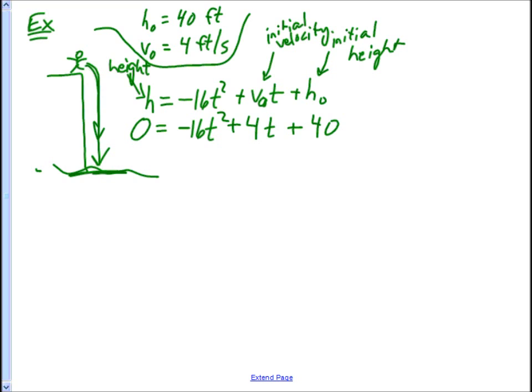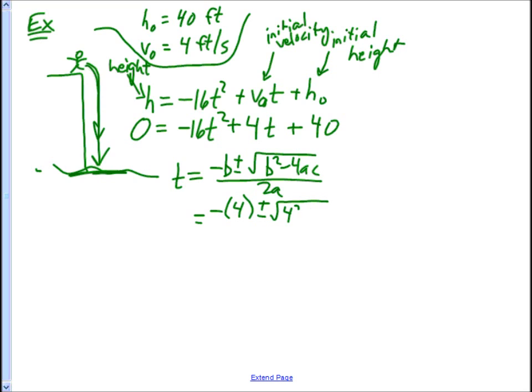So you can say, well, t now is negative b plus or minus the square root of b squared minus 4ac all over 2a. And then you plug in a, b, and c. Of course, our b here is 4, our a is negative 16, our c is 40.